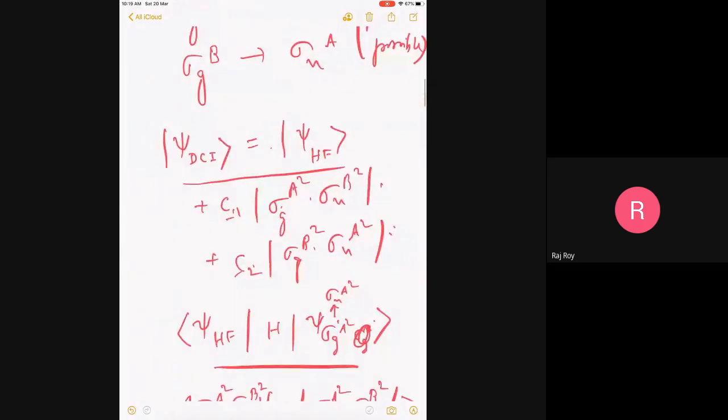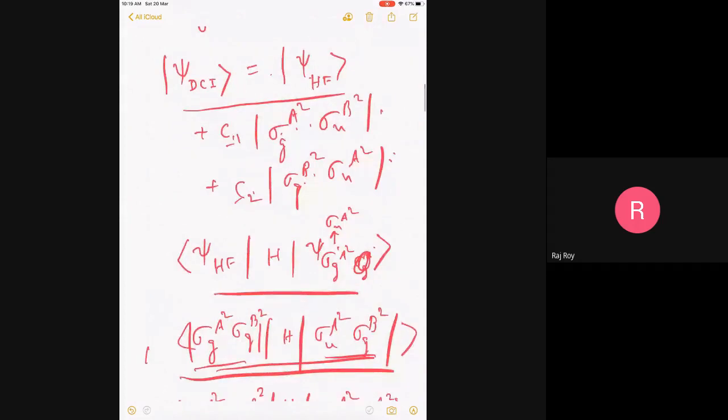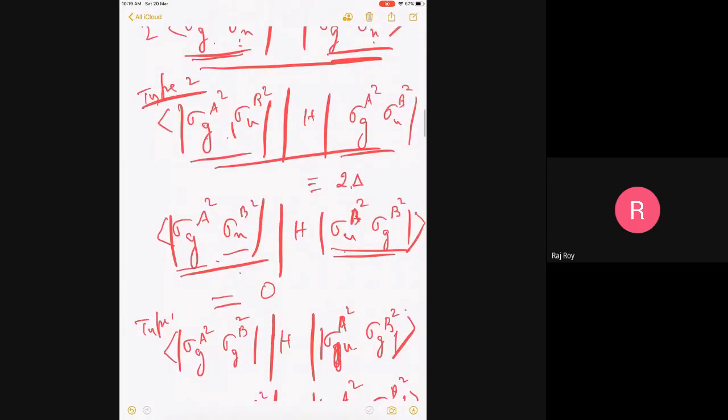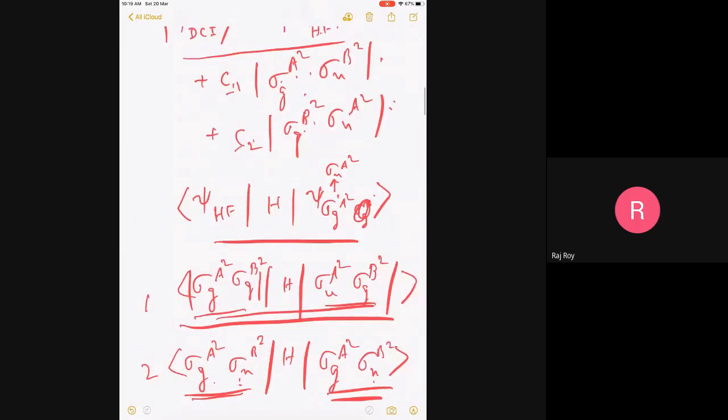So I have my psi DCI, which contains three configurations. So that is what I first stated. Then I said, when you calculate the integrals that will appear, they are between Hartree-Fock and one of the doubly excited configurations. So we define that as K12. And another type which will come is between a doubly excited and a doubly excited.